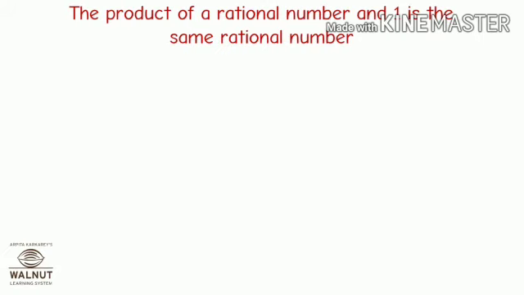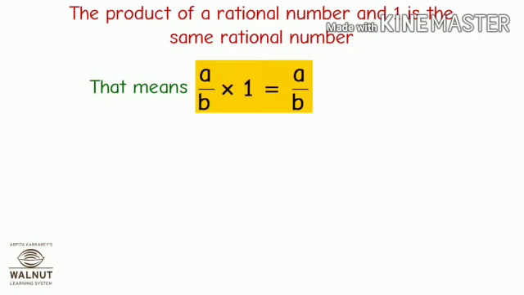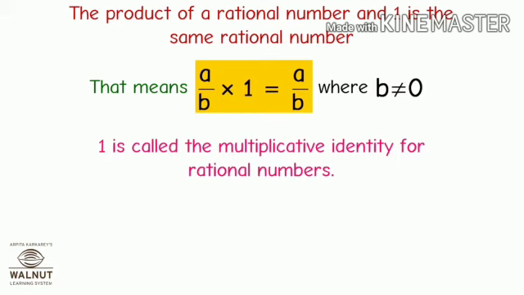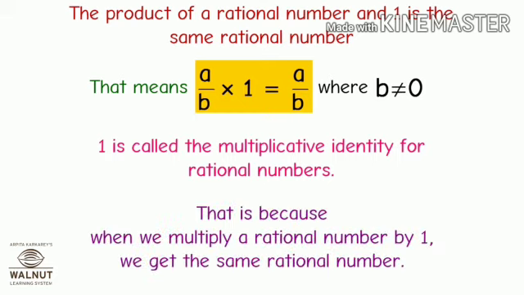The product of a rational number and 1 is the same rational number. That means a/b × 1 = a/b, where b is not equal to 0. So 1 is called the multiplicative identity for rational numbers, because when we multiply a rational number by 1, we get the same rational number.